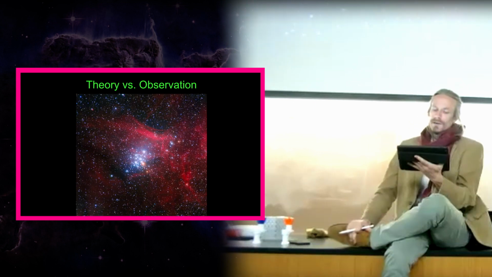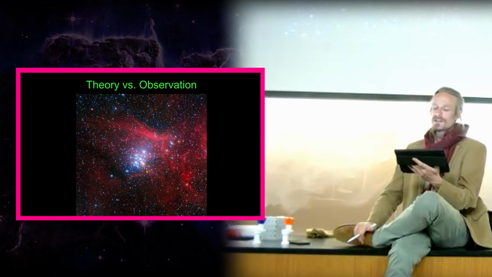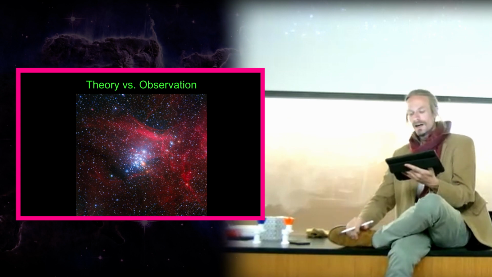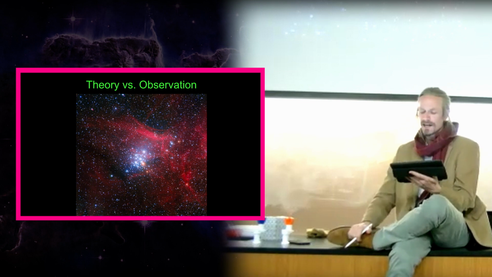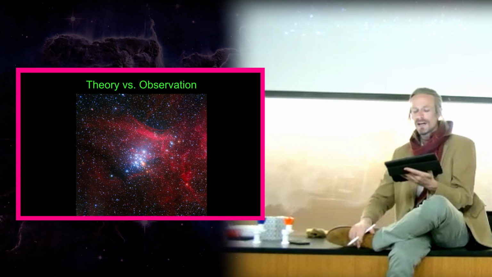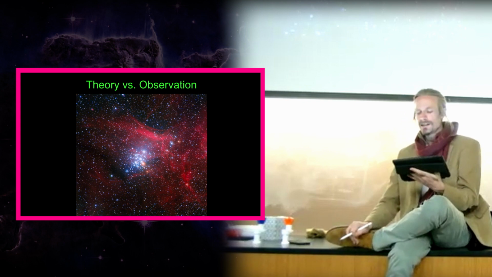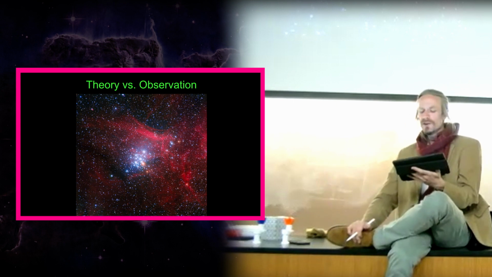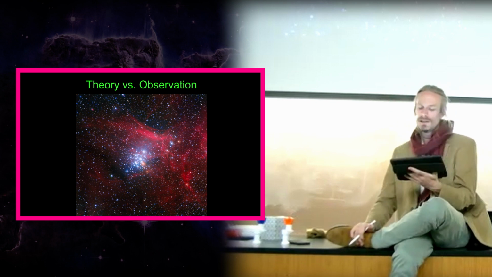Okay. So as these clusters get older, their HR diagrams are going to shift. The most massive stars are going to use up the hydrogen in their cores, and they're going to move off the main sequence and become red giants or supergiants. And then as these clusters evolve even further, the stars with low mass are going to leave and make their way to the upper right.